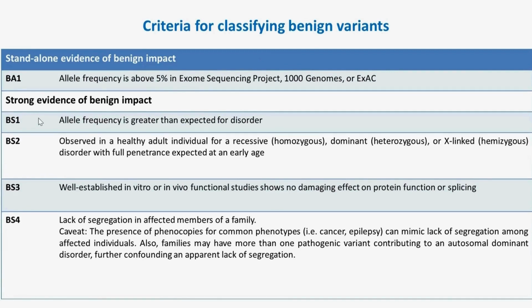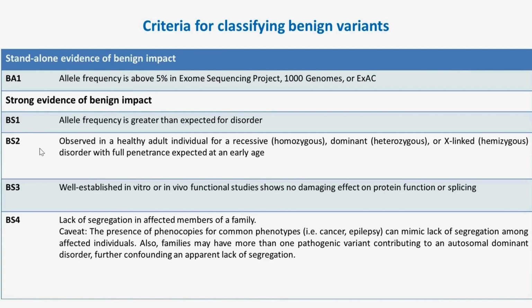Then, based on the criteria of strong evidence of having benign impact, it will be classified into 4 categories. First is BS1, which includes the variants with frequency more than expected. BS2 includes variants observed in a healthy adult individual for a recessive, dominant or X-linked disorder with full penetrance expected at an early age.